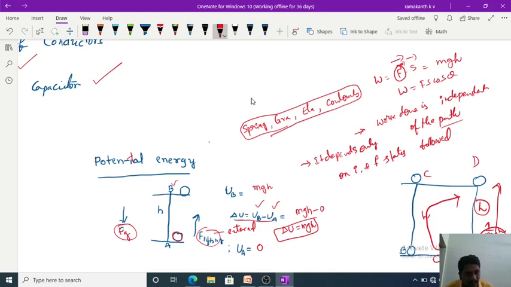In the second path, the gravitational force is downward and displacement is towards the left, so the work done is 0 here. Again 0 here, and once again mgh. So the total work done is 0 plus 0 plus mgh, again the same. We can say that work done depends only on the initial and final state, but not on the path followed. Whatever path you take, you can go directly like this, that work also will be the same.